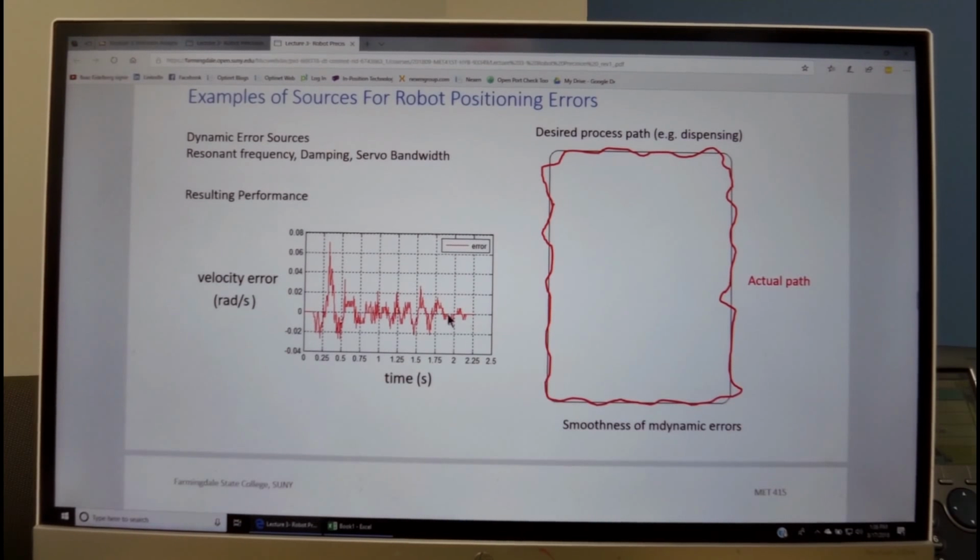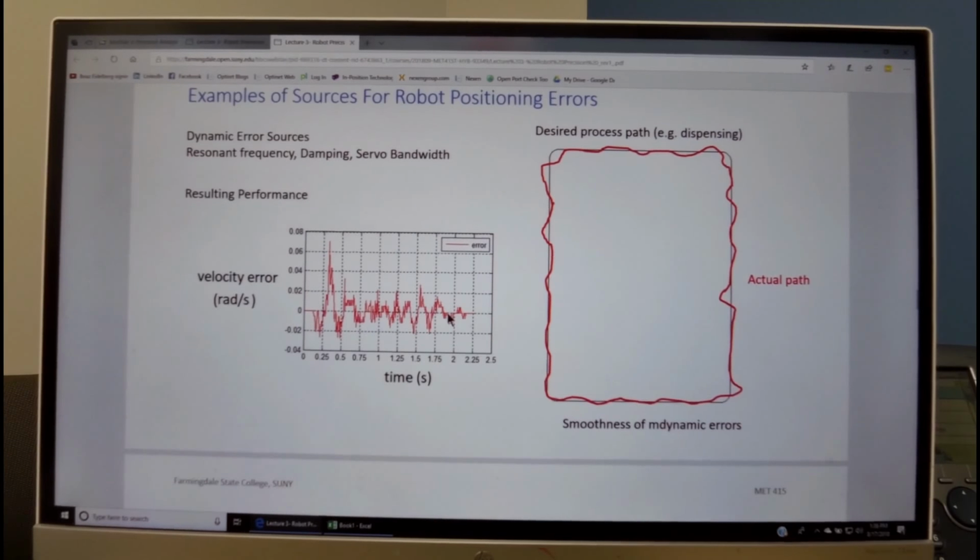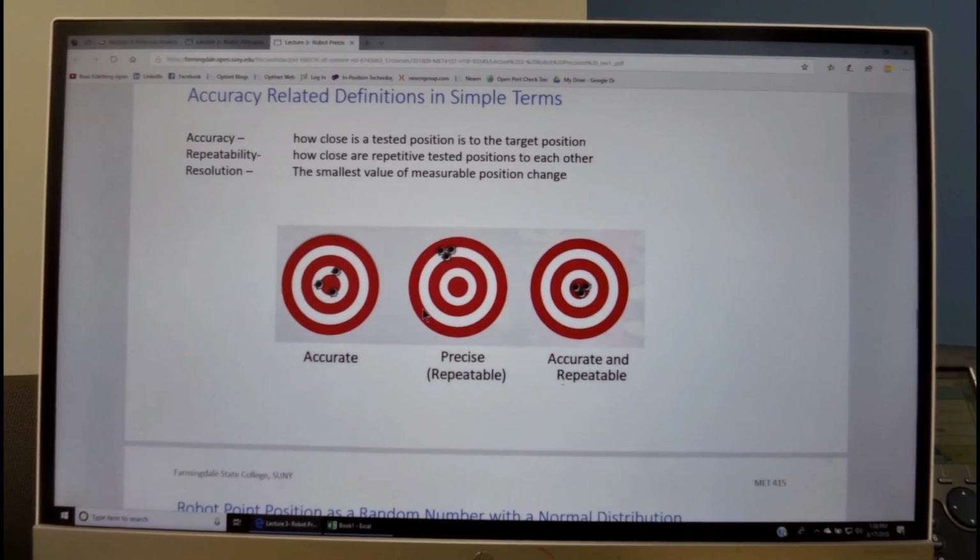And we will see when we're talking about control that we need to tune the machine in order to eliminate this vibration, increase the bandwidth, reduce the overshoot, and also use some notch filters in order to eliminate some of the natural frequencies and improve the performance.